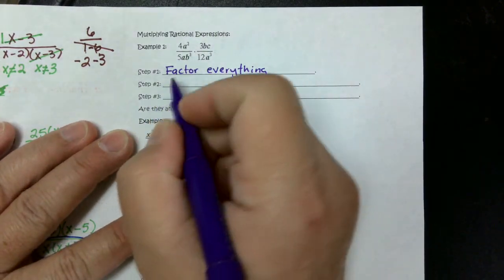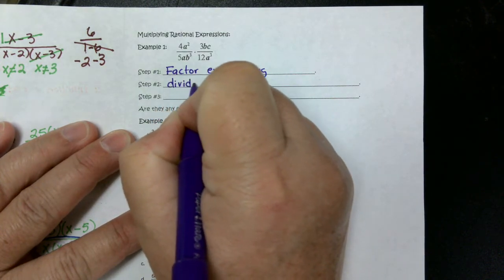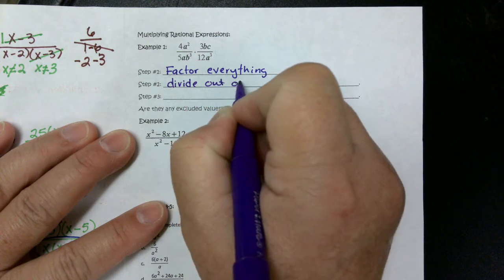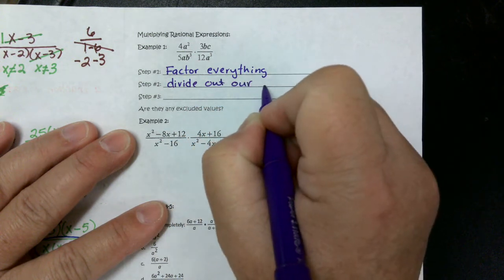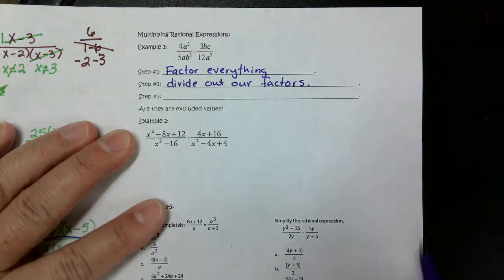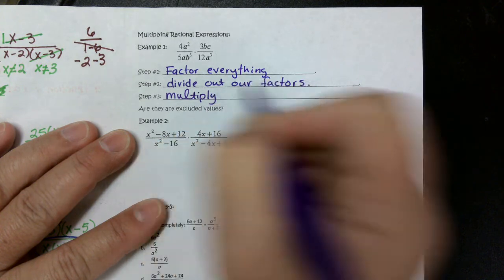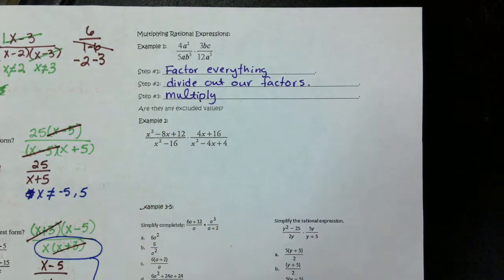Then after we factor everything, we're going to go ahead and divide out our common factors, just like we did yesterday when we were simplifying. And then we're ready to multiply using the same rules we use with regular number fractions, which is to multiply straight across.